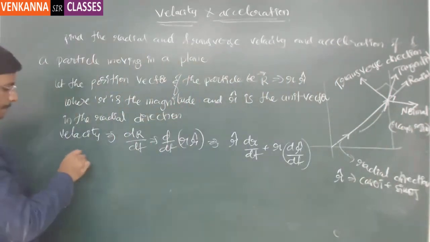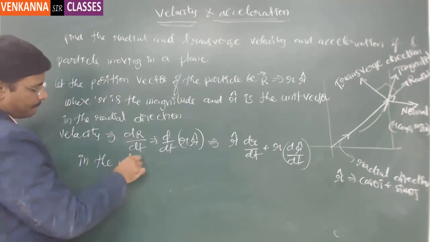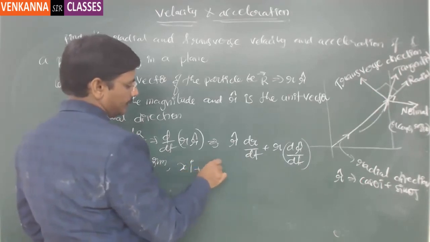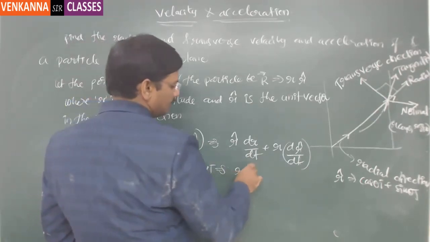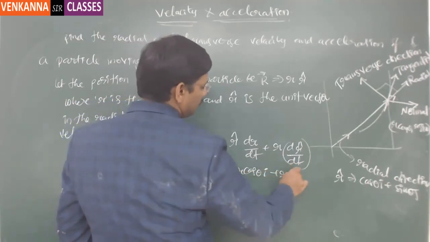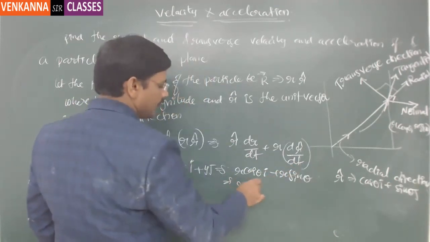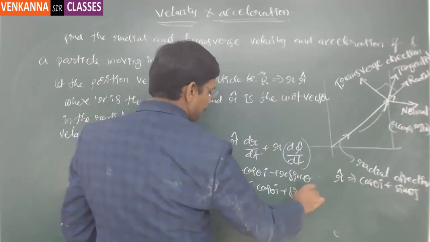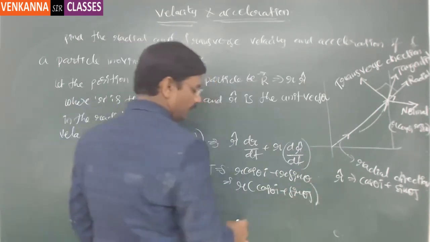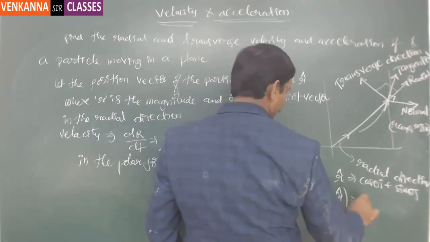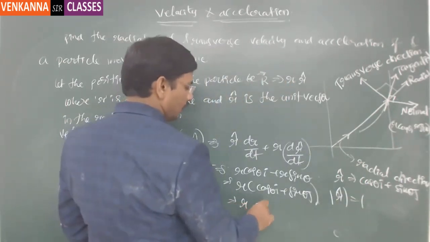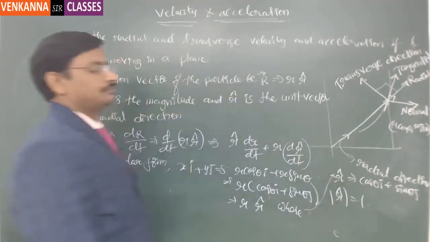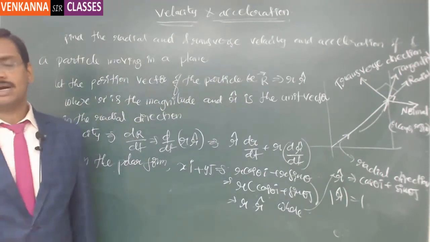So xi plus yj can be written as r cos theta into i plus r sin theta into j. This is expressed as r with the unit vector cos theta i plus sin theta j, because the magnitude of this is 1, right? So mod r cap is equal to 1. So here r into r cap, where r cap is equal to this one. Got it?